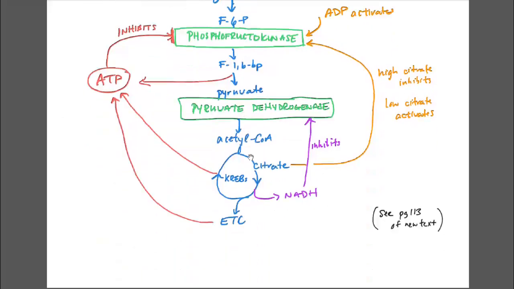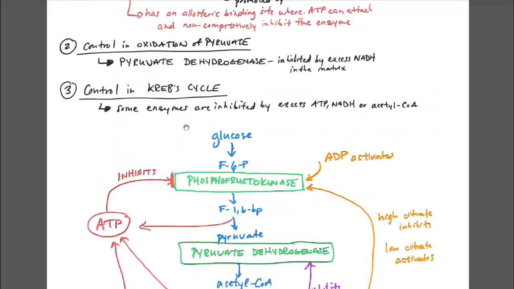That's the basic idea here. Whether in the stage where I'm going from pyruvate into acetyl-CoA, or later on, the NADH that's produced here can go back and inhibit and prevent this from running through the Krebs cycle.